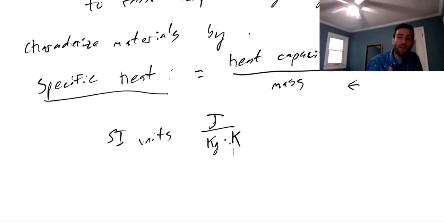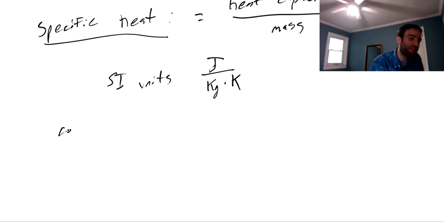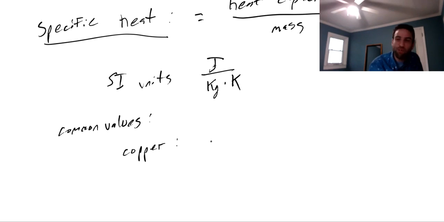Okay. Now, metals tend to have actually relatively small specific heats, and that means they're easier to heat up, right? So some common values, say something like copper. Copper has a specific heat of something like 386 joules per kilogram Kelvin.